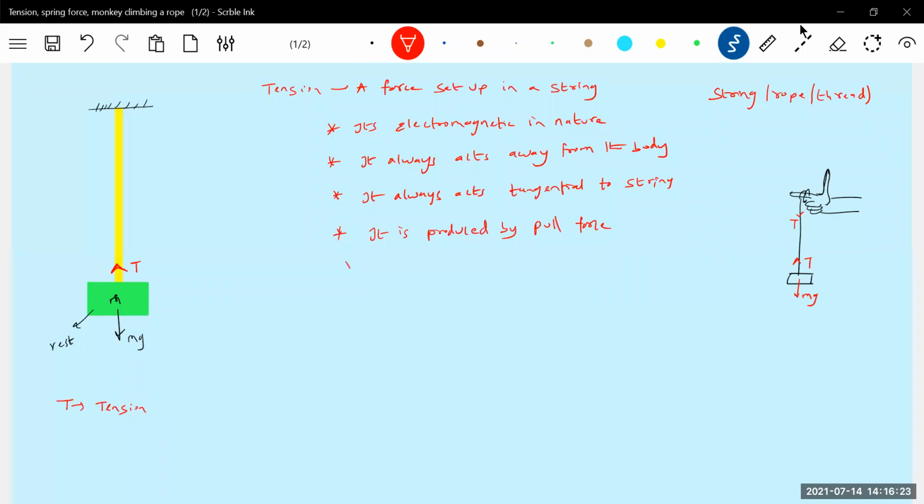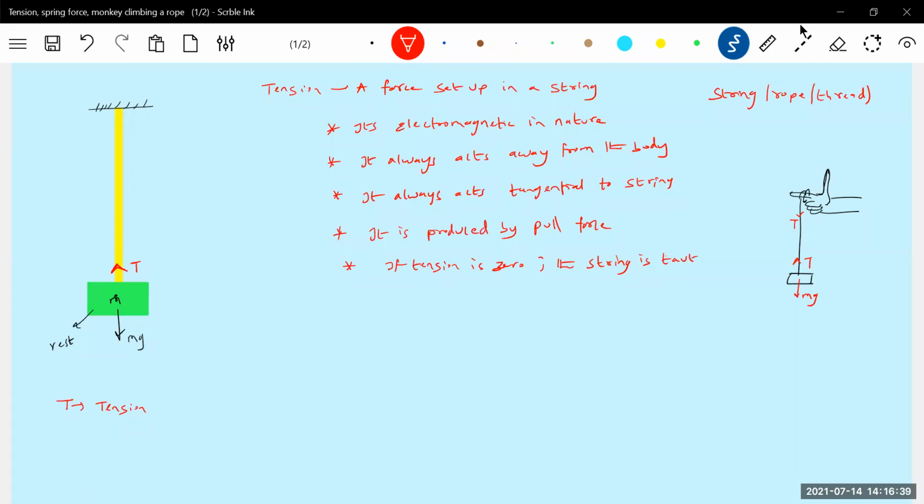Now one more thing: if tension is non-zero, the string is said to be taut.